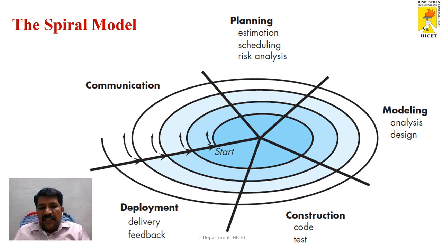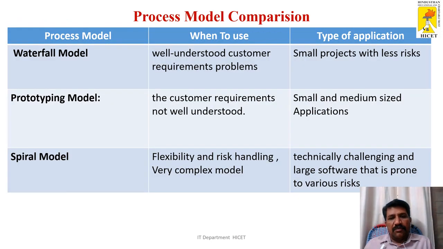In the deployment phase, get the feedback from the customer, and if the customer is not satisfied, again start communication with the customer, planning, modeling, construction, deployment. So this will be repeated till you get the final product. This is the spiral.